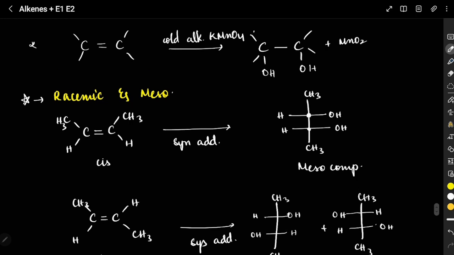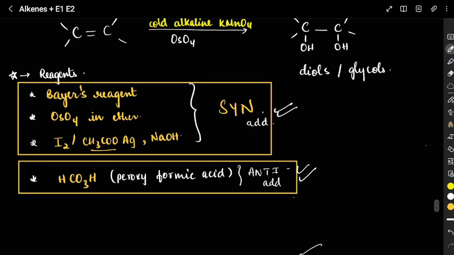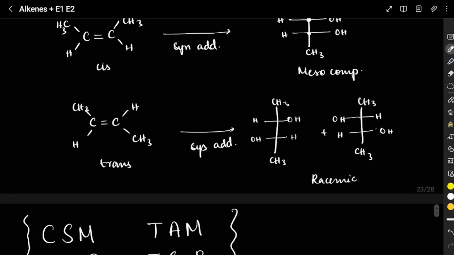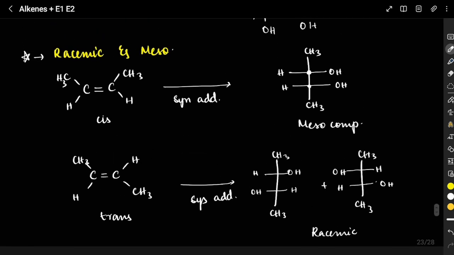In the exam they'll give a cis alkene or trans alkene, with syn addition reagents or anti-addition reagents, and ask whether a meso compound or a racemic mixture is formed. How do we find it? There is a small shortcut for this. I'll tell you on the last page. The shortcut for KMnO4 or Bayer's reagent: what is it? It is cis.